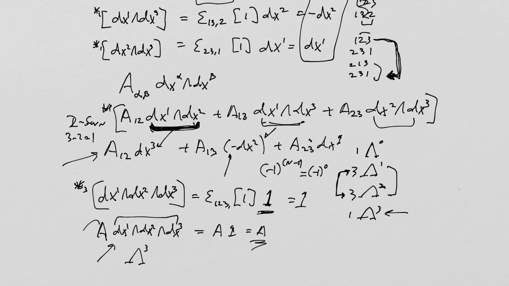So you just peel off this number a and you get the Hodge dual of the full 3 form. Okay, so that's the n equals 3, s equals 3 case.